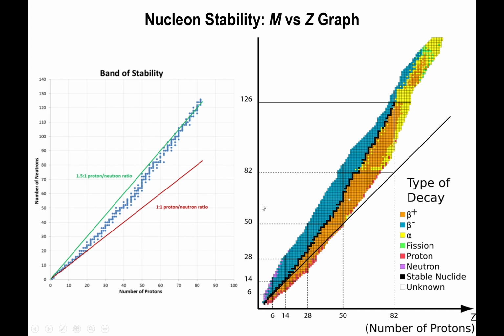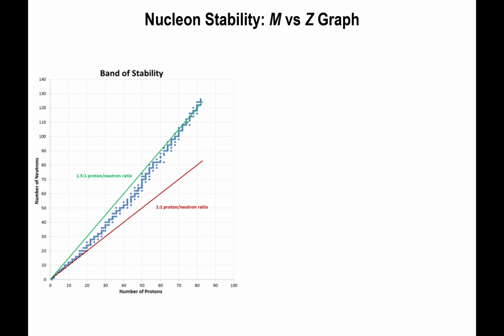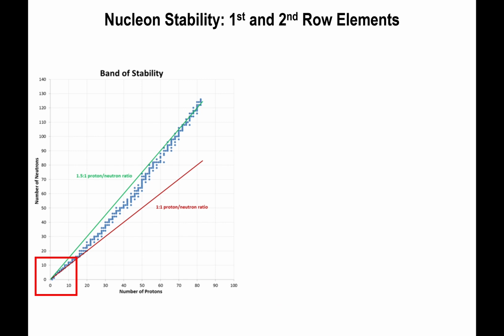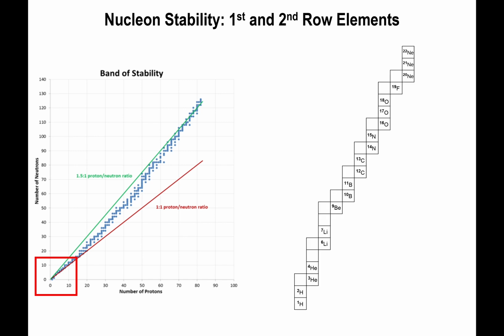All right, now we're going to zoom in on this particular region to see specifically where the stable isotopes are. We're going to start with rows 1 and 2 in the periodic table, and I'm going to spell out the specific isotopes that happen to be stable for rows 1 through 2. What you see right here is a table where the atomic mass increases going upwards: 1, 2, 3, 4, 6, 7, 9.